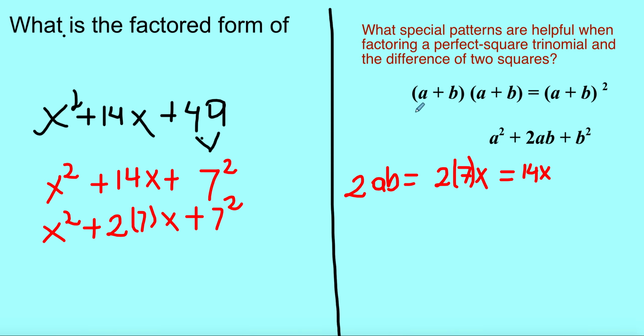Now let's bring it down as x plus 7 times x plus 7, because this is what we are looking for. The binomial is x plus 7 times x plus 7. Okay, so it fits the pattern.